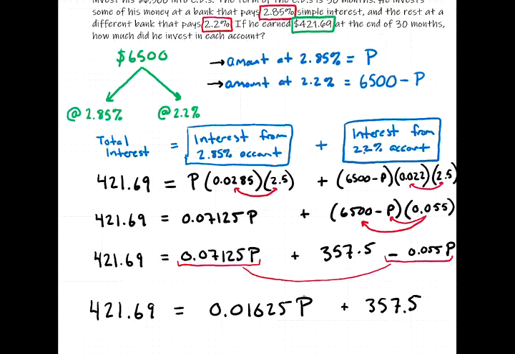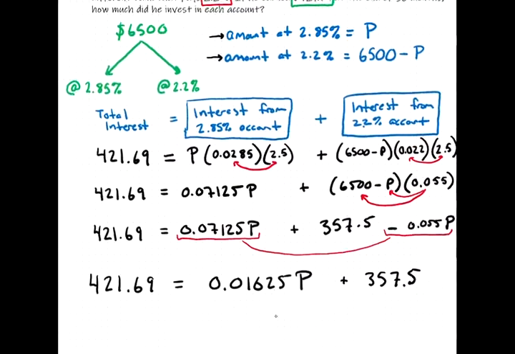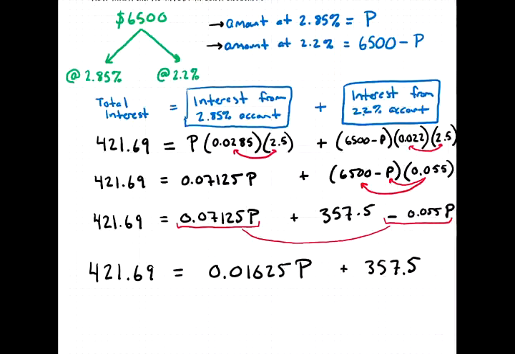Now there's just a single p here that we have to solve for. So we've got to get rid of this 357.5. So we could subtract that because it's addition. And then we have to get rid of this 0.01625, and we could divide that because that's multiplication. All right, so let's subtract 357.5 from both sides of the equation.